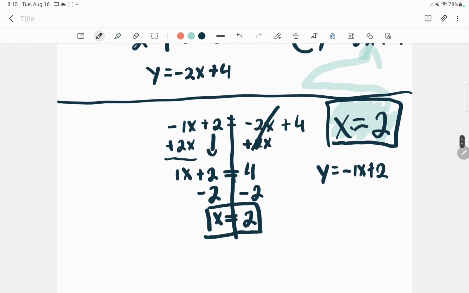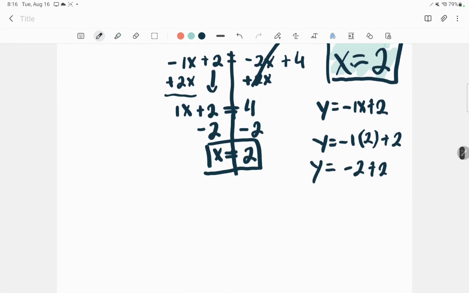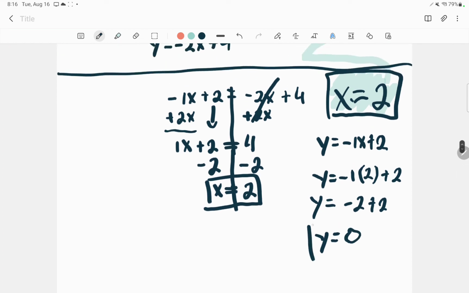Now I'm plugging in the 2 where x goes. So I'm going to do y is equal to negative 1 parentheses 2 plus 2. Now negative 1 times 2 is negative 2 plus 2. Negative 2 plus 2 is equal to 0. So I already know that my answer for my second one is y is equal to 0.